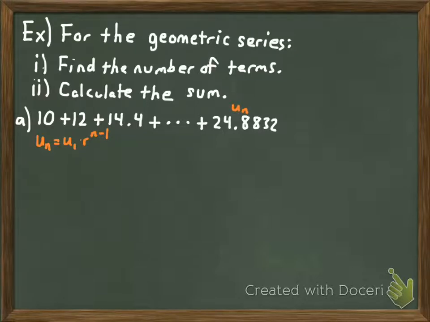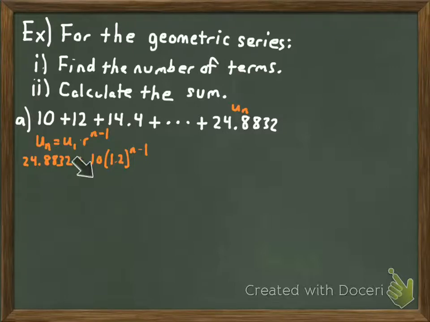So substitute: you're going to have 24.8832 equals the first term, 10, times the common ratio to the n minus first power. And the common ratio: 12 divided by 10 is 1.2, 14.4 divided by 12 is 1.2. The common ratio is 1.2.